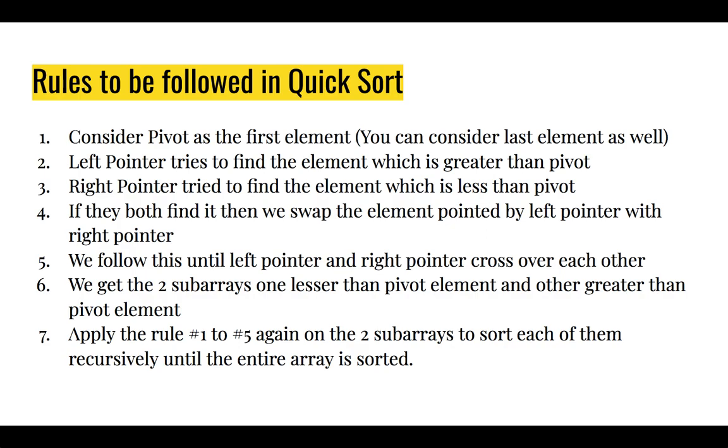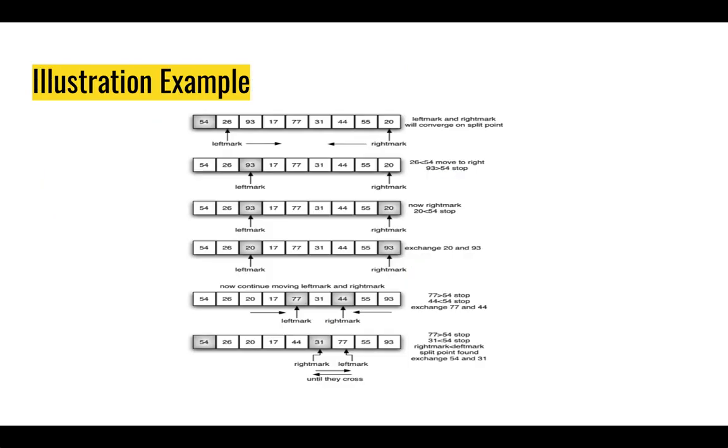After this partition, we know that all the elements to the left of the pivot element are lesser than the pivot element, and all the elements to the right of the pivot element are greater than the pivot element. We will apply this rule from 1 to 5 to sort the entire array recursively for these two subarrays.